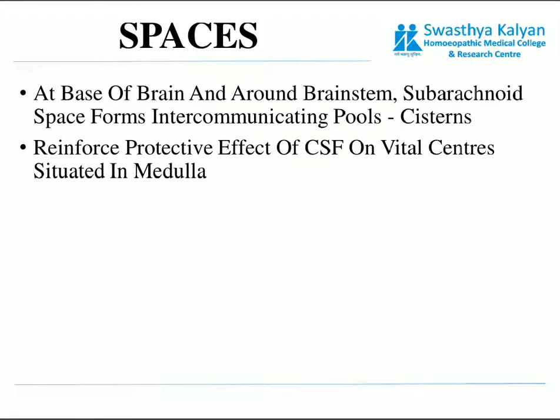At the base of the brain and around the brainstem, the subarachnoid space forms some intercommunicating pools which are known as cisterns. They help to reinforce the protective effect of the CSF on the vital centers situated in the medulla.